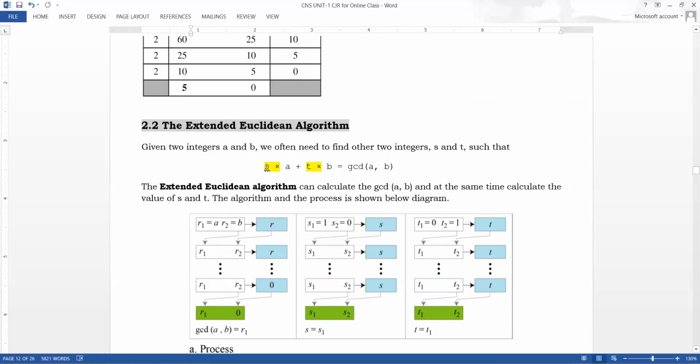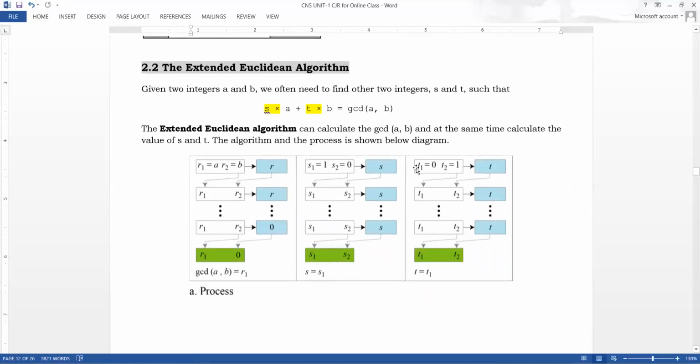So here we have to find s and t values so that it satisfies GCD of A comma B equals s into A plus t into B. For this we have taken the process. Here R1 and R2 are assigned with the A value and B value.